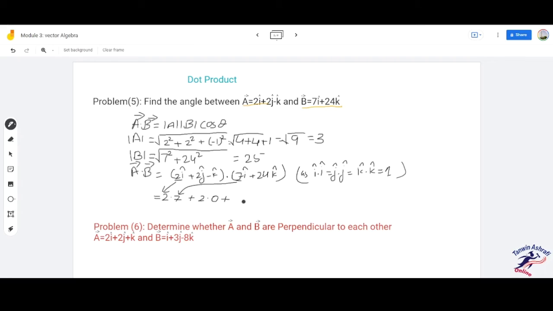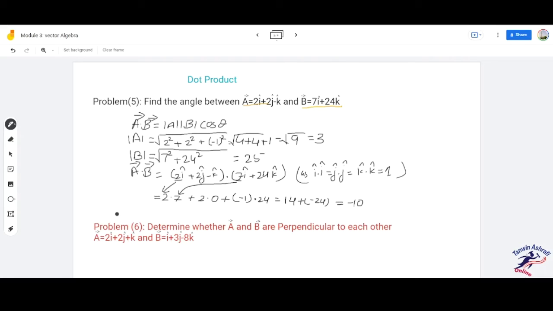For the K cap we have minus 1 and 24. So 2 sevens are 14, plus minus 24, that results in minus 24 plus 14, which is minus 10.